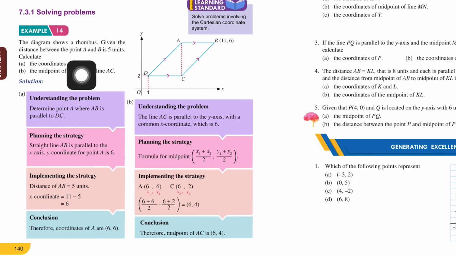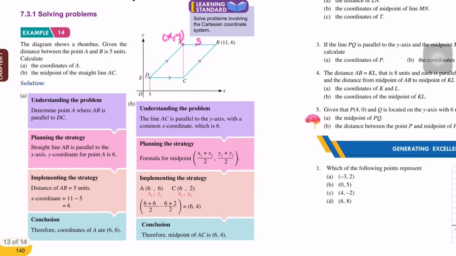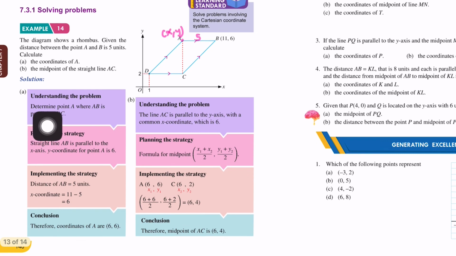So given the straight line, distance from A to B is 5. Ni pun ada koordinat lah kan, x, y. Understanding the problem. First one, determine point A, where AB is parallel to DC.